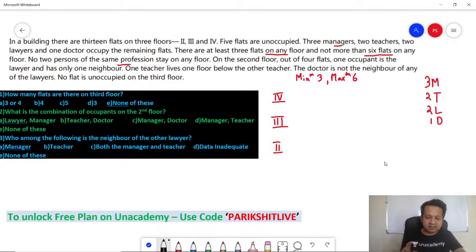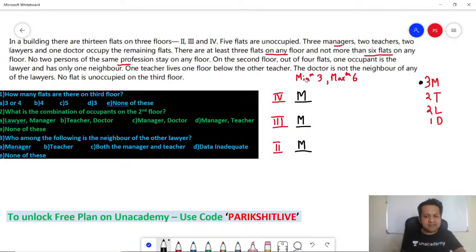So think about it logically: there are 3 managers. If no 2 people of the same profession stay on the same floor, it means one manager will stay on each of the floors. Remember, no 2 people belonging to the same profession stay on the same floor. So there is one manager on every floor.